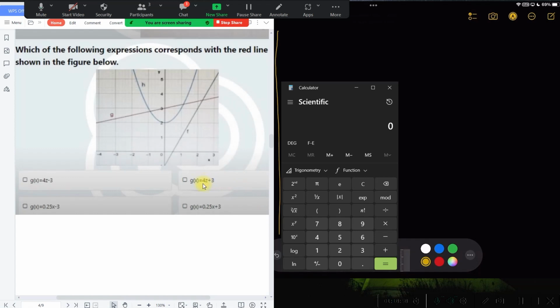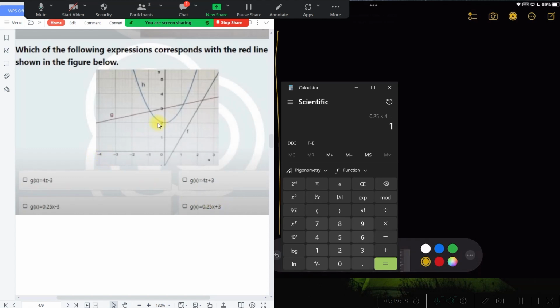So minus 4 times 4 is minus 16. You will find that the equation g(x) equal to 4x plus 3 is not applicable, since it doesn't work when we plug in x equal to minus 4 and 2. But this one, minus 4 times 0.25 is minus 1, plus 3 is going to be 2.